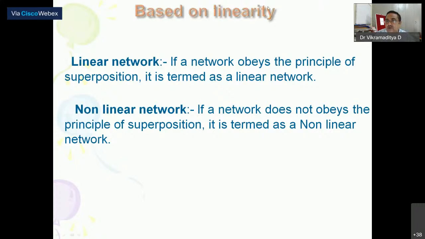Give your answer in the chat box. Is a resistor a linear element or a non-linear element? I am waiting for your response while I am drawing a resistor. Do tell me whether the resistor is linear or non-linear.